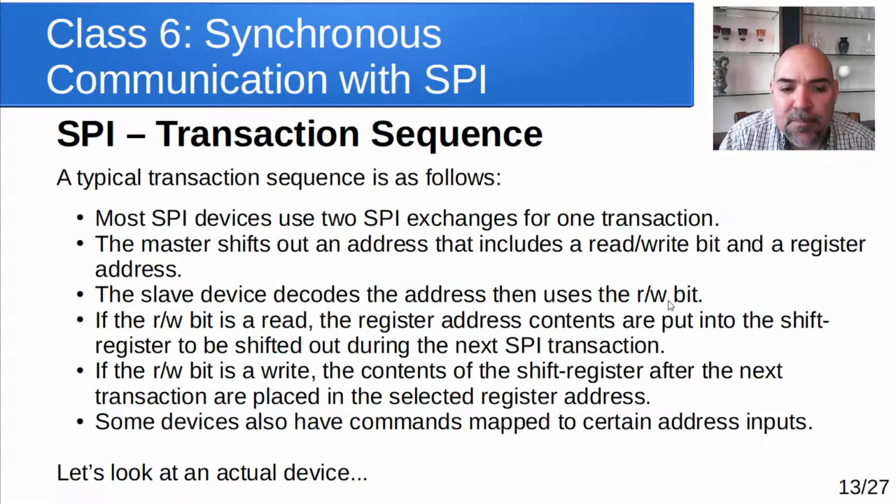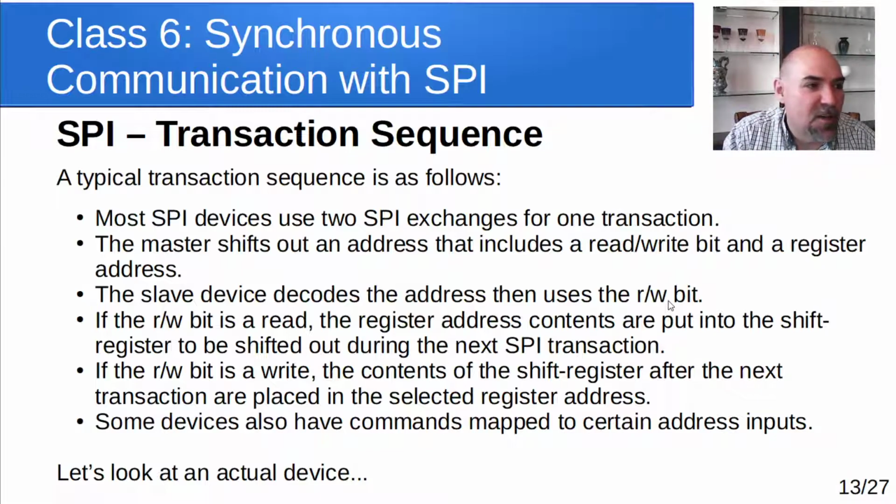Another 8 ticks from the master, and now the master has the contents of what that device had in its register 0. Now, if the read-write bit is a write, then the contents of the shift register that come through next are placed into the register that was specified. And we're going to look at this in a little more detail when we look at the SPI transaction sequence. But after those two transactions happen, the entire transaction is done, the slave select line goes back high, and now the slave device is ready for the next transaction.